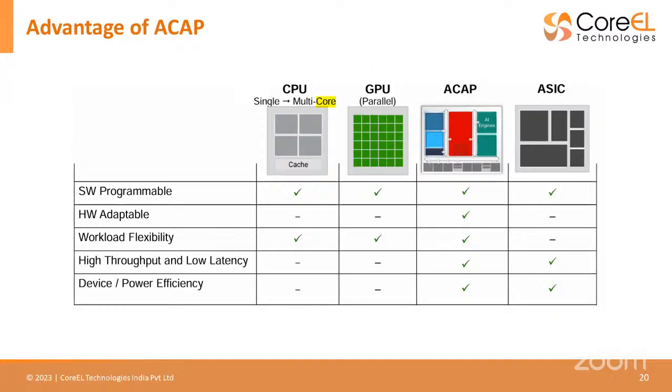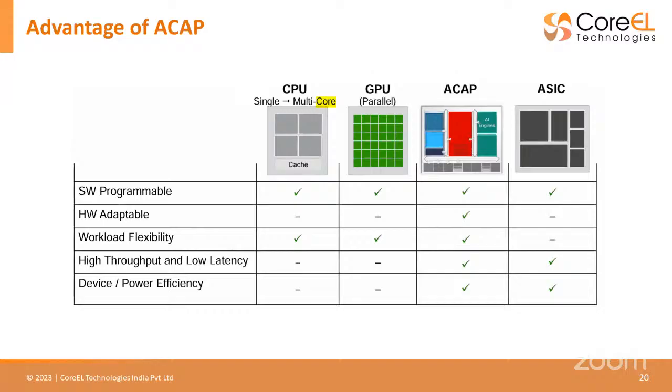But when it comes to ACAP, you not only have software programmability, you also have hardware programmability, right? And they do have workload flexibility, as I gave you the example of an AI algorithm using AI engines, DSP engines, and also the FPGA. So that flexibility is also available.